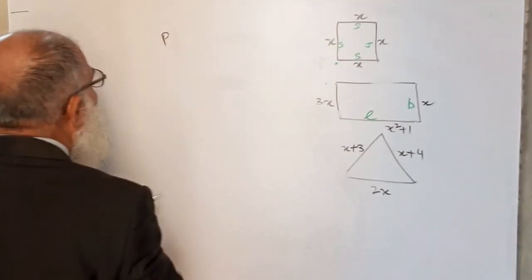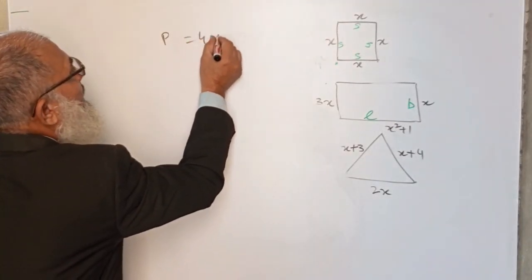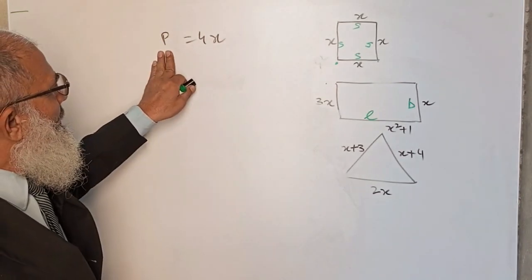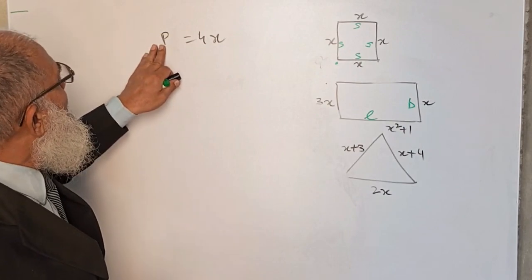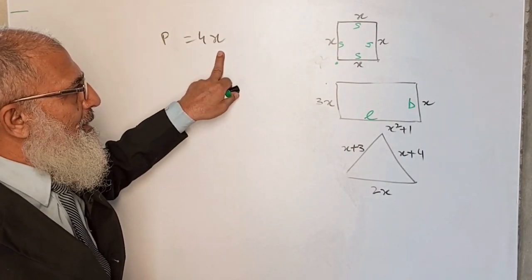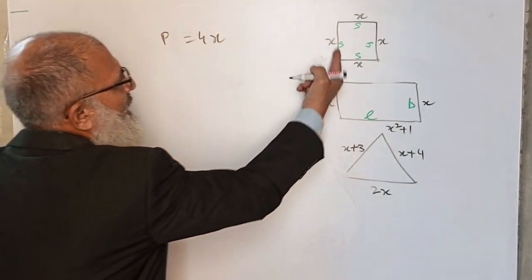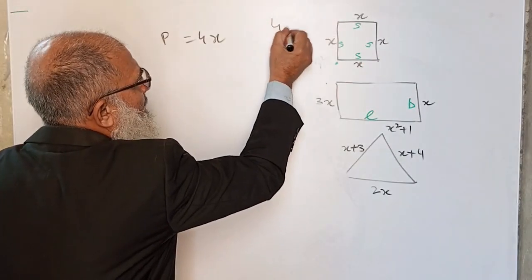The perimeter was 4x, which I have rubbed out, because the first part was complete. Perimeter was 4x, or in general it was 4s.